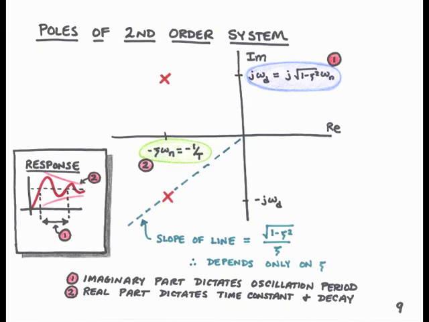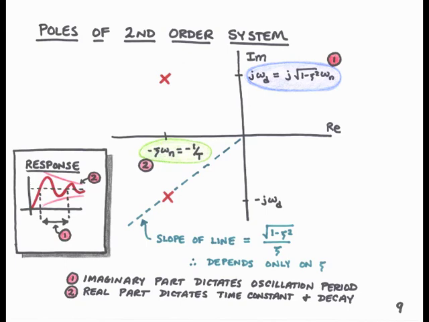So, since minus zeta omega n is the real part of the complex conjugate poles, we know that the real part of the complex conjugate poles is related to the rate of decay and to the time constant for the second order system. So we've seen that the imaginary part of the poles dictates the rate of oscillation, and the real part of the poles dictates the rate of decay.